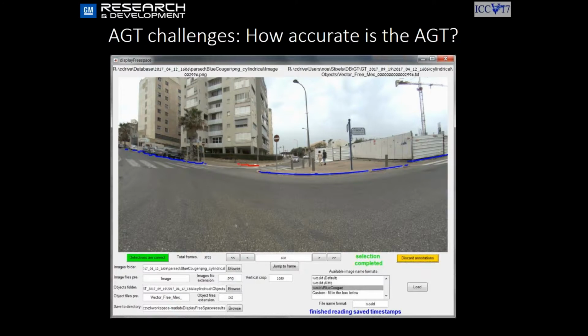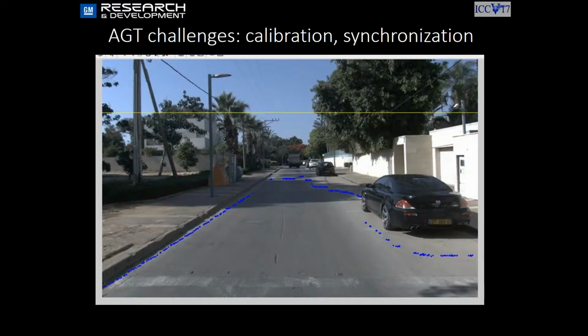Okay, some of the challenges is how accurate is the ground truth. So this really depends on the algorithm. You can see that sometimes there are misalignments, caused either by calibration or synchronization issues, which cause the automated ground truth not to be aligned with the image.